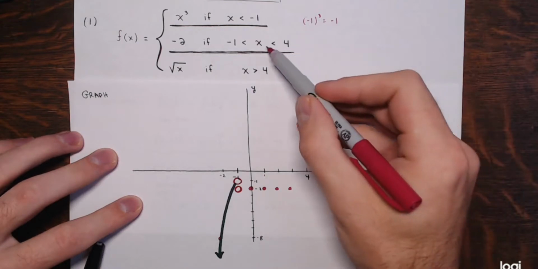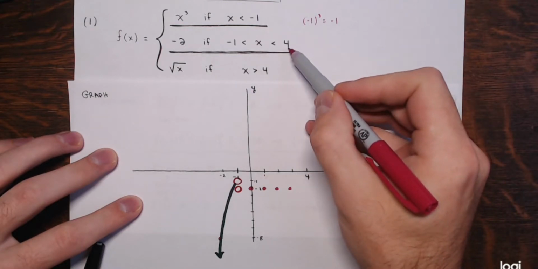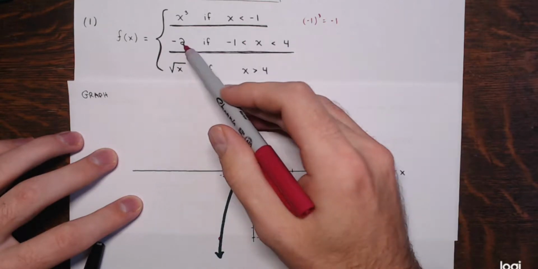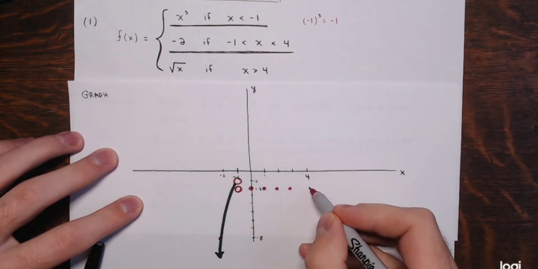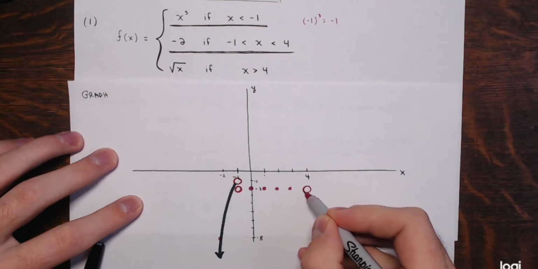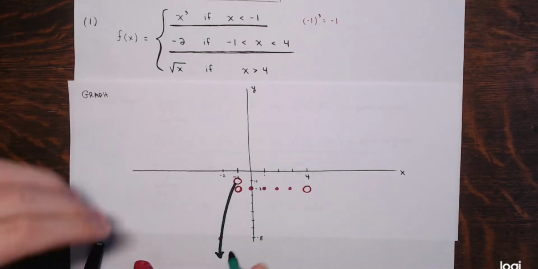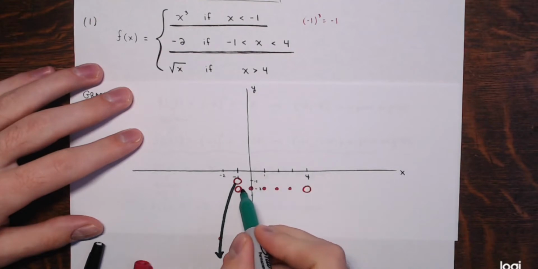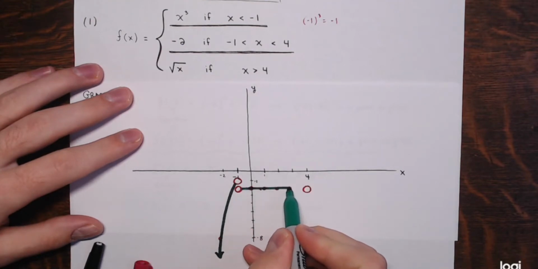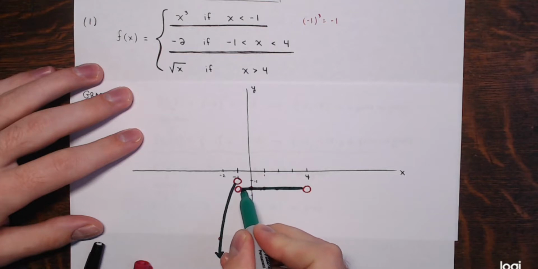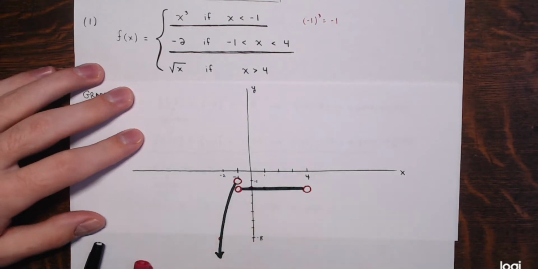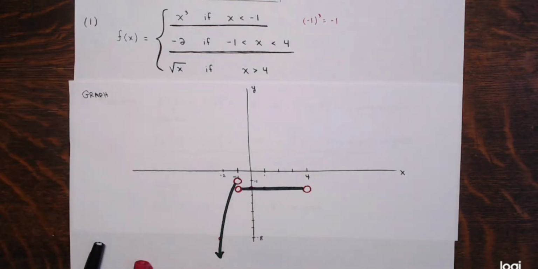I know 4 doesn't satisfy this condition, but if you were to plug in 4, you'd get -2 in this piece. So 4, -2, but because 4 is not part of that domain, I'm putting a hole there. And then for any value in between, we're getting an output of -2, so we get this piece of a horizontal line, but just between -1 and 4 on the x-axis, with these open points at the ends.